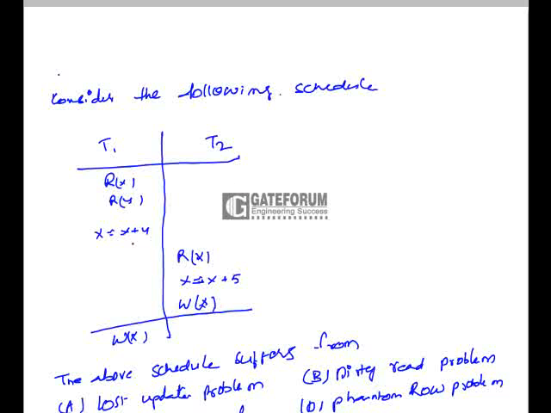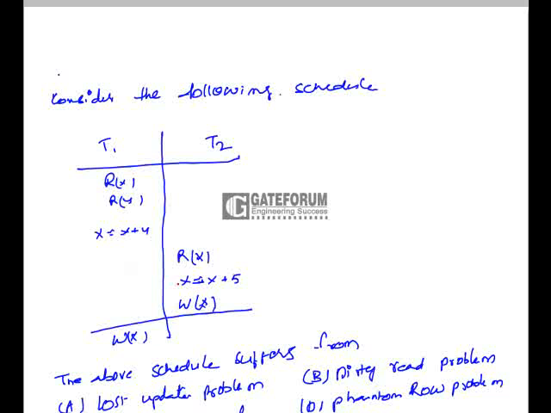Why? Because if you see the schedule, T1 is reading X and Y and performing some calculation, that is, it is updating X to X plus Y and it is not writing that item X.